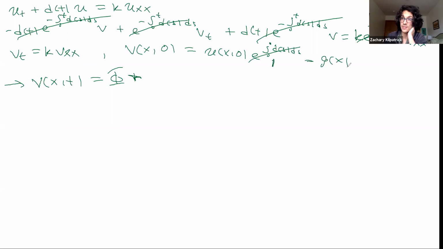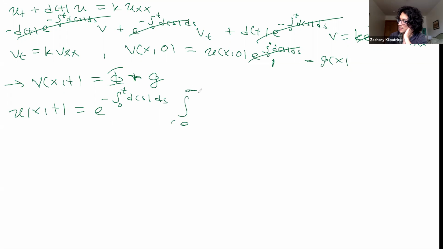So I get g of x there, okay? So I get phi convolved with g. And so at the end of the day, I get u of x, t is equal to e to the minus integral from 0 up to t d of s ds, and then this general solution involving the fundamental solution. Okay.